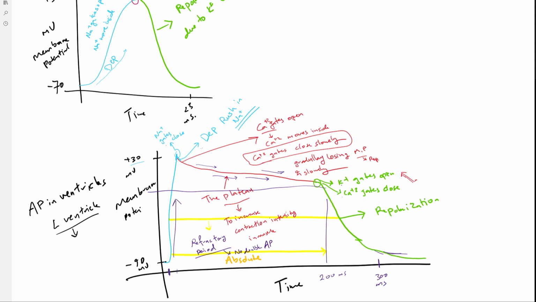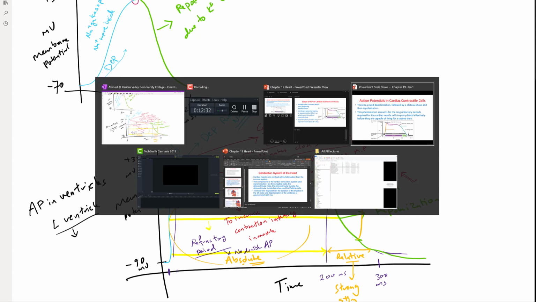It means that there is no way we are going to get an action potential here. From here to here, we call the relative refractory period. What does it mean? It means that in case of strong stimulation, we might start a new action potential. But definitely during the plateau, there is no way to get an action potential. So that's the action potential of the cardiac muscle.